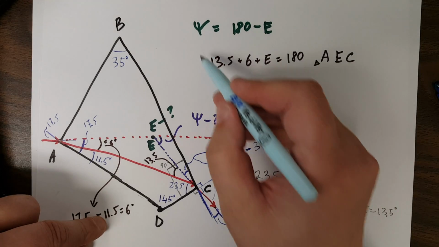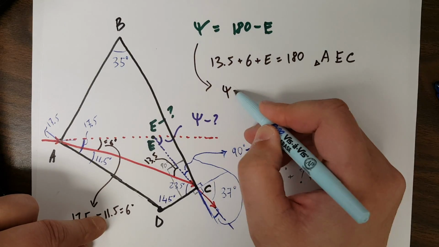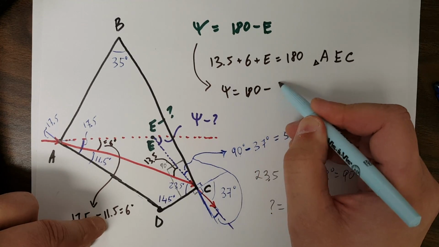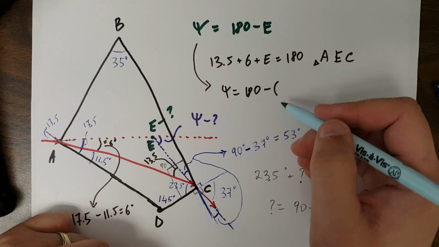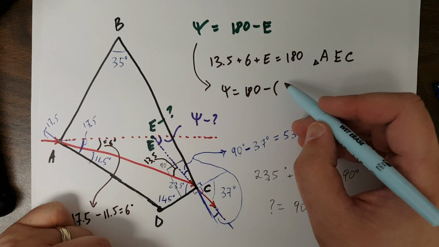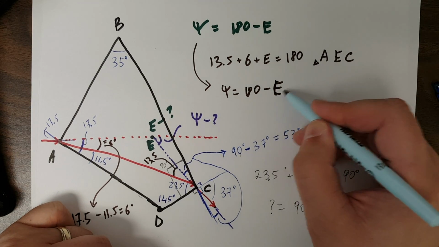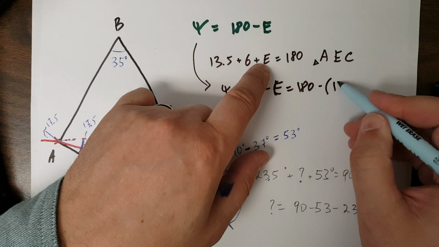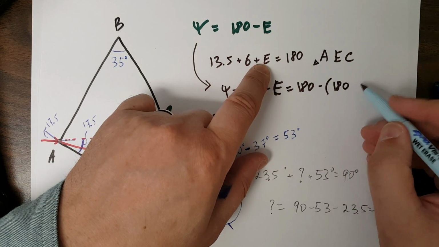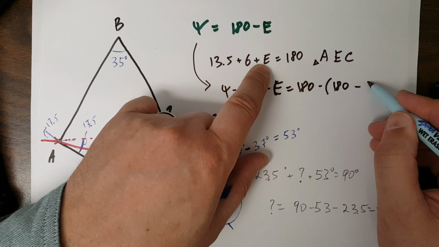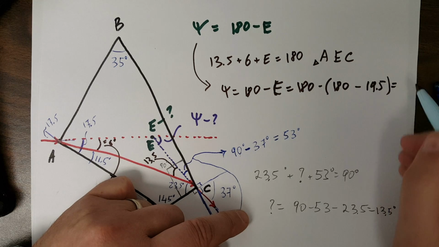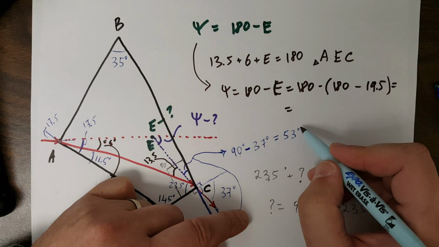And finally, this angle, the angle of deflection, has to be equal to 180 minus E, which is 180 minus 180 minus 19.5. 180 minus 180 is 0.